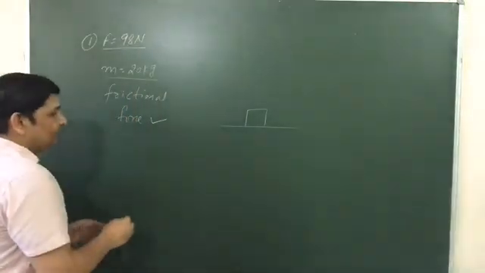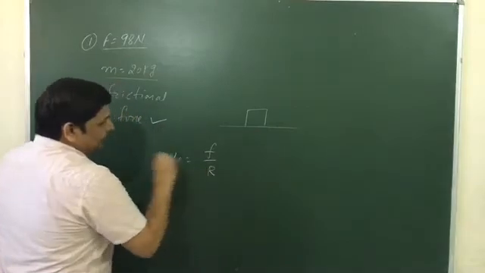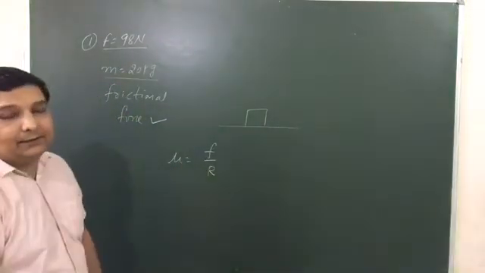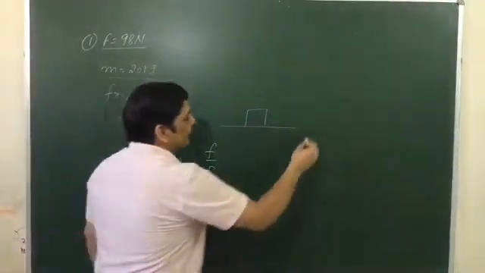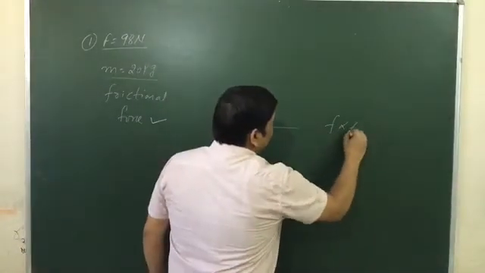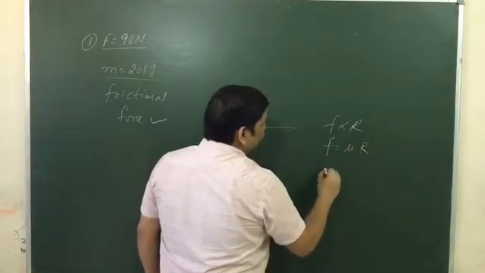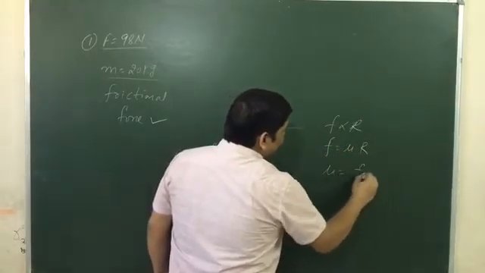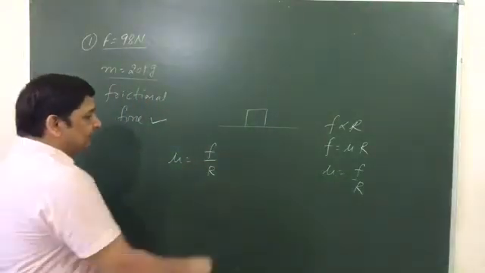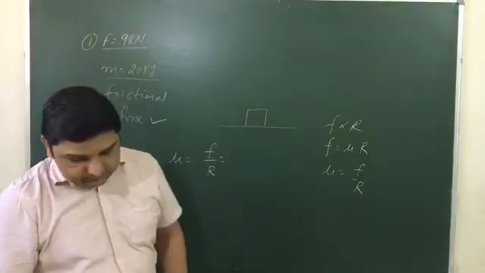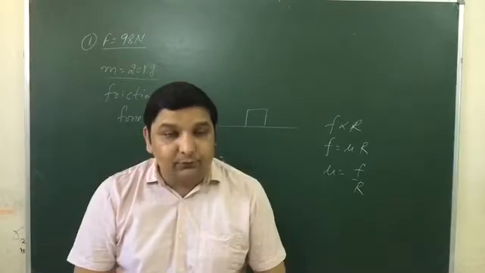Coefficient of friction is given by F by R. We know that frictional force is directly proportional to normal reaction, and frictional force is given by mu R, so mu is F by R. In this case, the question says a force of 98 Newton is just able to move the block.